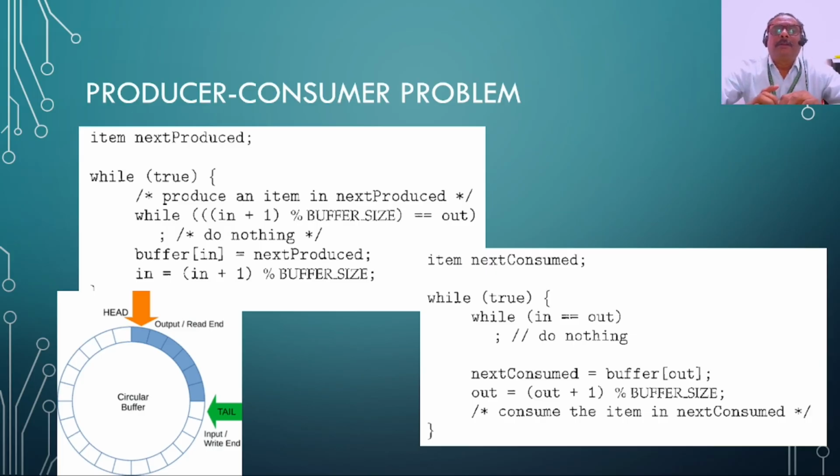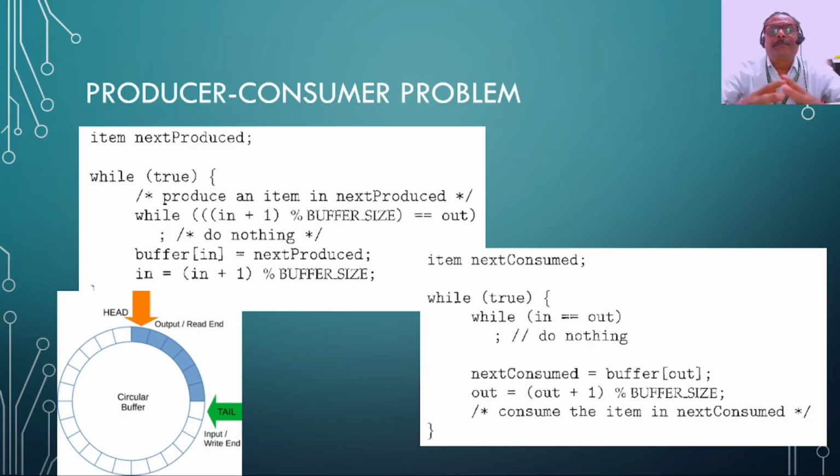The only thing to ensure is, if the buffer is full, stop writing. If buffer is empty, stop reading. That's only two things we do. If the buffer is full, do nothing, stop writing. If buffer is empty, do nothing, stop reading.